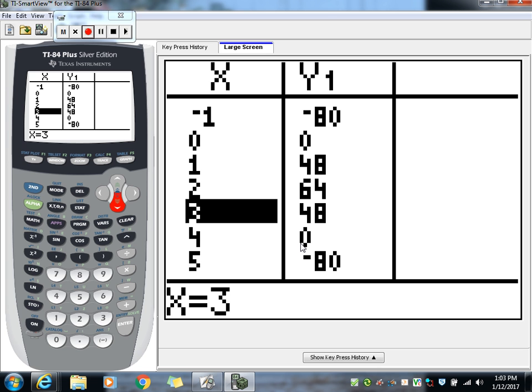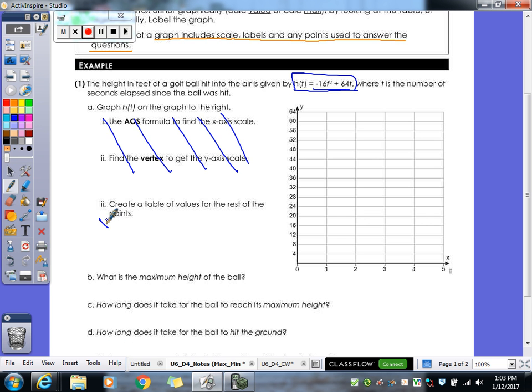So copy that down from 0 to 4. So we got 0, 0, 48, 64, 48, and 0.